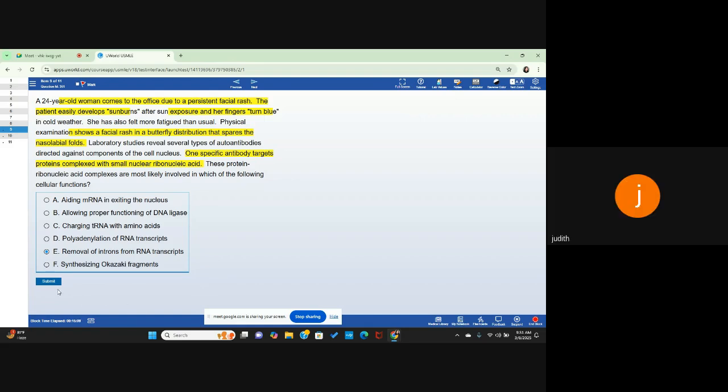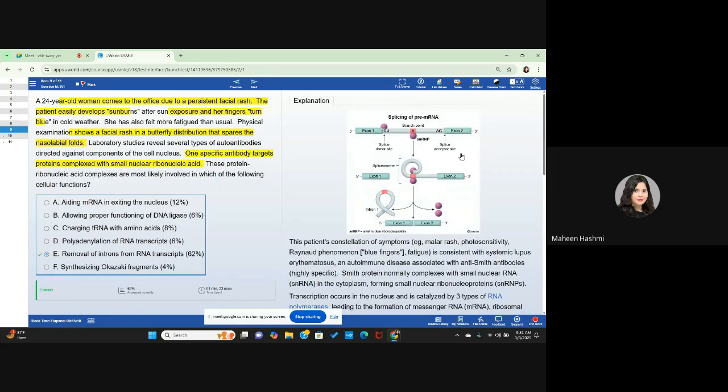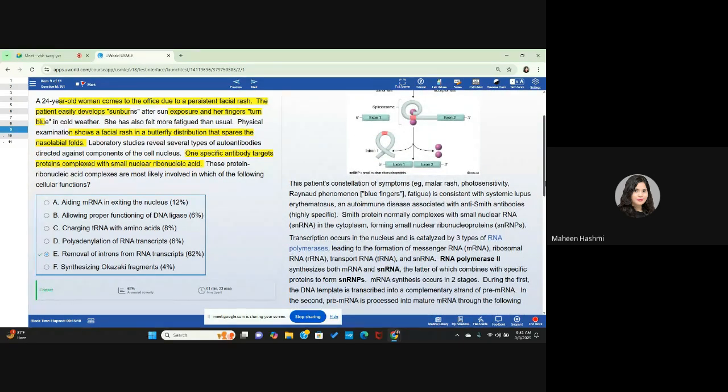So we know that the patient has SLE. What is happening in SLE? In SLE, you see malar rash or butterfly rash. You see photosensitivity, Raynaud phenomenon. What else do you see in SLE? Lupus nephritis as a complication.